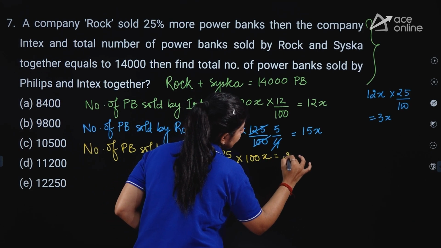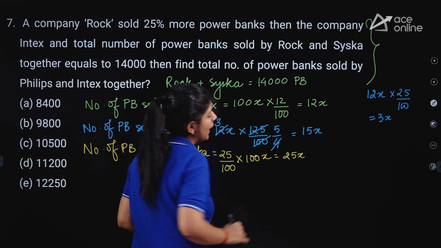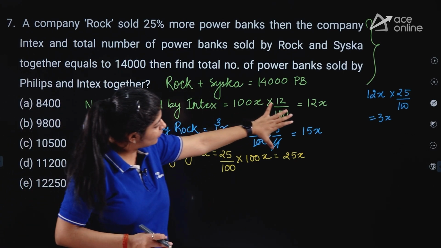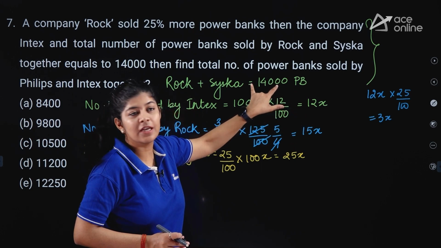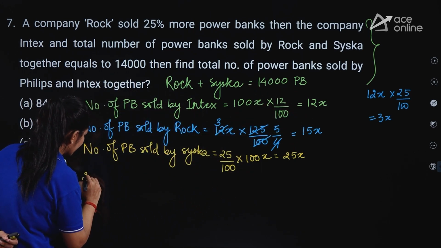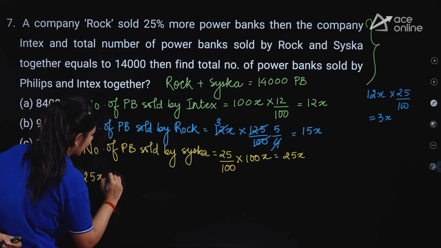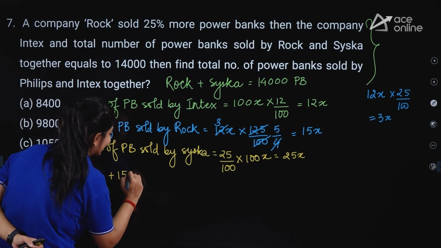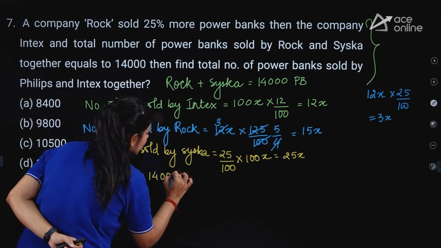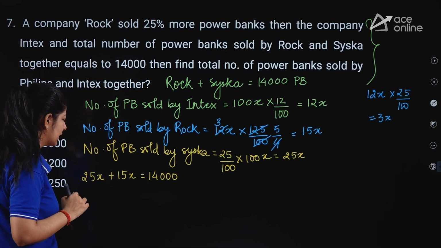That means we can say that 25x power banks are sold by Cisco, but we know that the combined value of this one is equal to 14,000. So we can say that according to the question, 25x plus 15x is equal to 14,000.